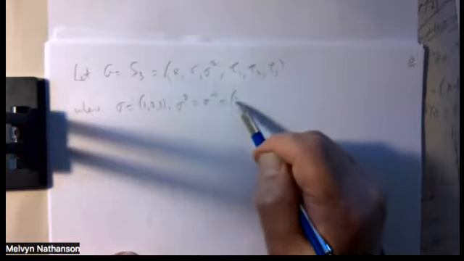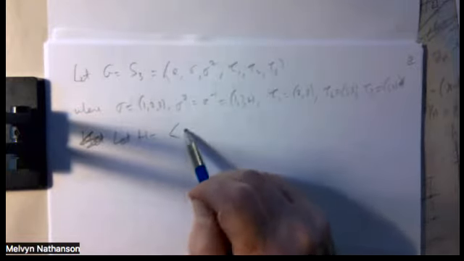Sigma squared, which is the same as sigma inverse, is (1 3 2). Tau 1 is the transposition that fixes 1 and changes 2 and 3. Tau 2 fixes 2 and changes 1 and 3. And tau 3 fixes 3 and changes 1 and 2. So these are the 6 elements in this group.